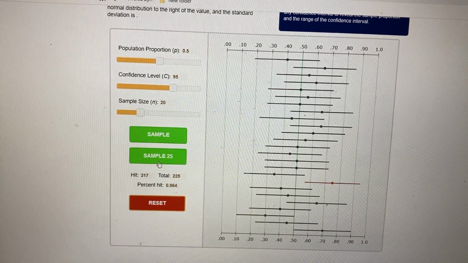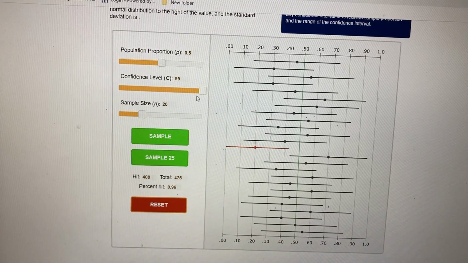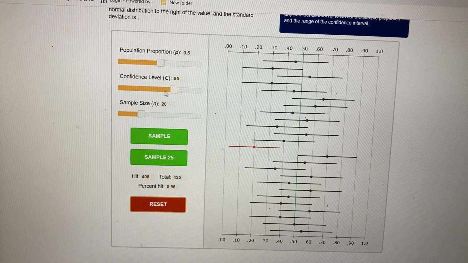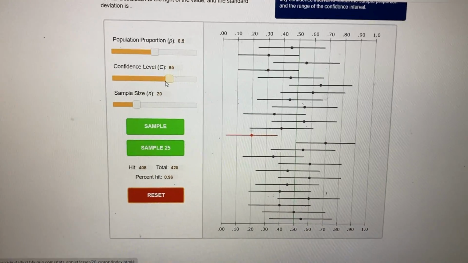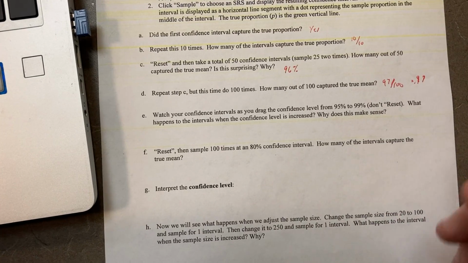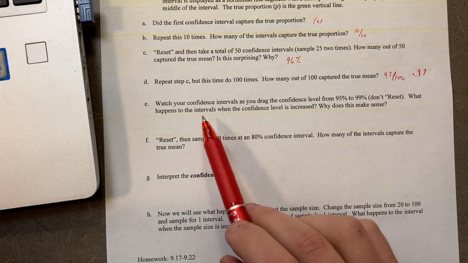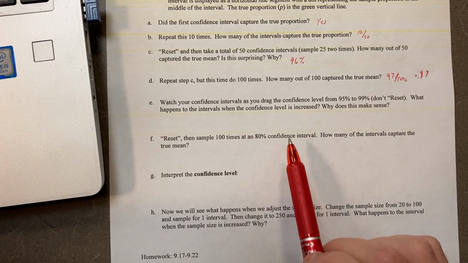Let's add a couple more. Interesting. Okay, question is, where was I? What happens to the intervals when the confidence level is increased?